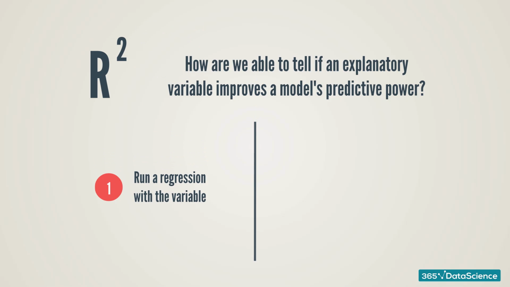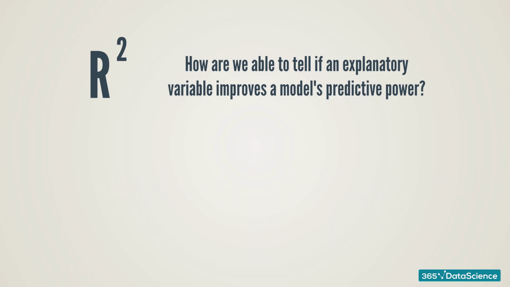First, we can run a regression with the variable, and then run a new regression without that variable, or with a different variable. We should observe how R-squared changes. If it is higher the first time, then this independent variable has good explanatory power, and its value contributes to the explanation of the value of the dependent variable.